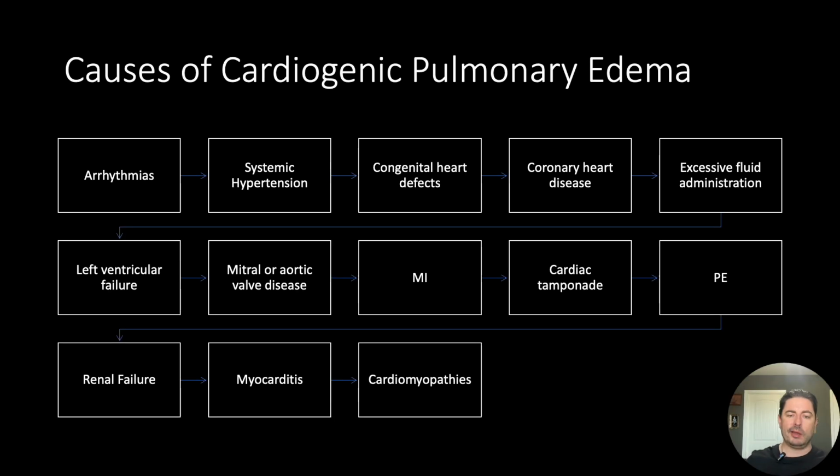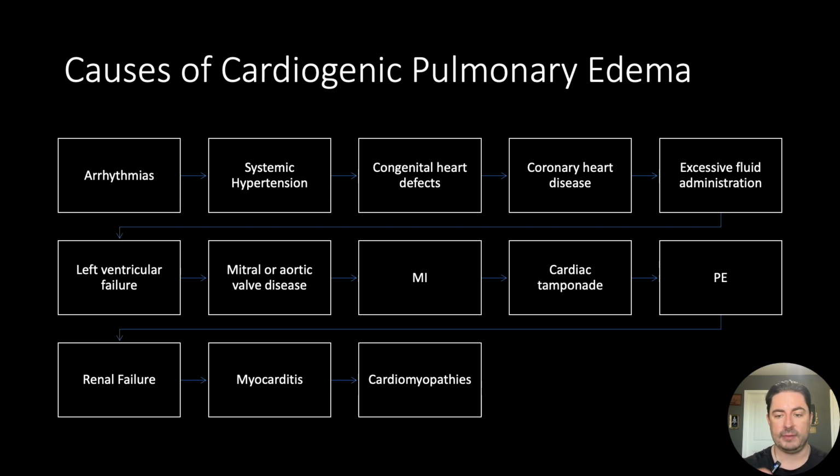Causes of cardiogenic pulmonary edema could be a number of things. Arrhythmias, specifically PVCs, or premature ventricular contractions. Bradycardia that leads to low cardiac output. We could have systemic hypertension. We could have congenital heart defects, which is what we see with babies who are born with heart defects. We can have excessive fluid administration, meaning on us.